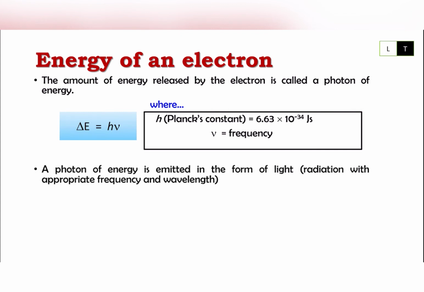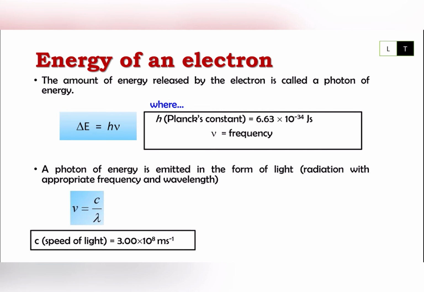Since the photon of energy is emitted in the form of light, I can also relate the formula for frequency with the speed of light, c, whose value is 3.0 exponent 8 meter per second. Now we get the new formula, delta E equals hc over lambda. In this part, you can understand that Planck's constant relates the energy, speed of light, and wavelength.